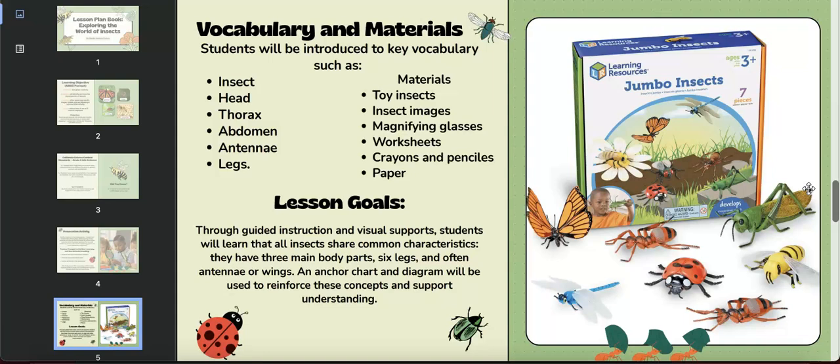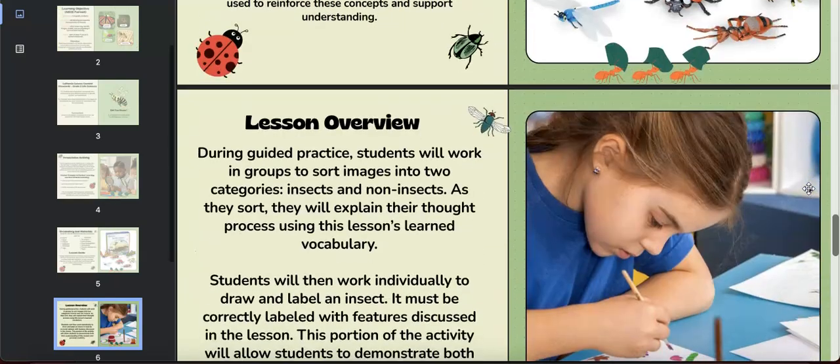Are they a part of the same categories of insects, and really sharing with the class what they like about them, what they don't, any questions that they might have. And we would create a diagram to reinforce these concepts and support their understanding.